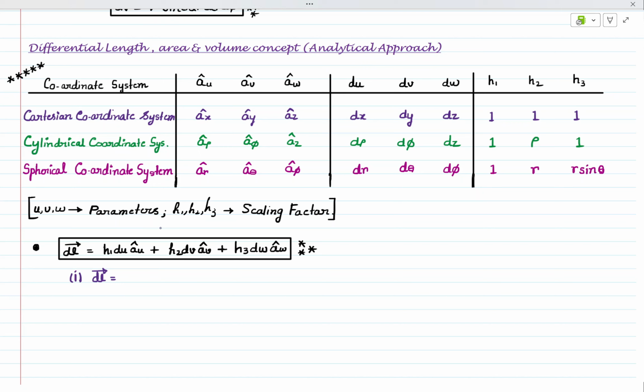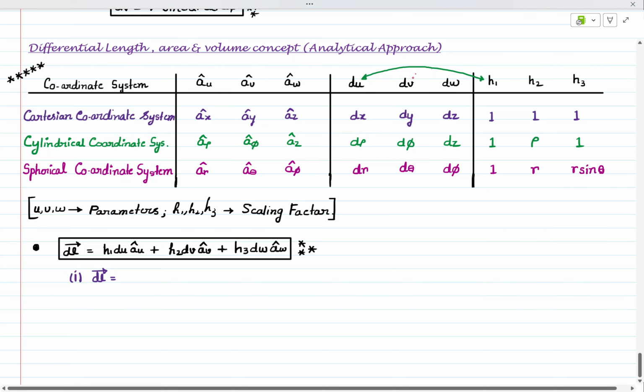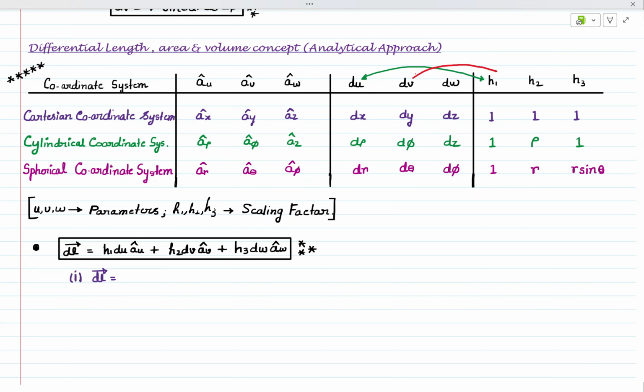For the Cartesian coordinate system, H1 du au means, basically I am pairing it like this. With du, I am pairing the H1. With dv, I am pairing the H2.